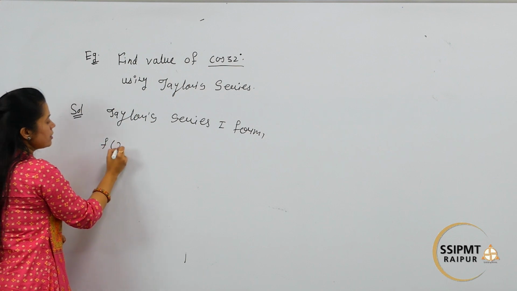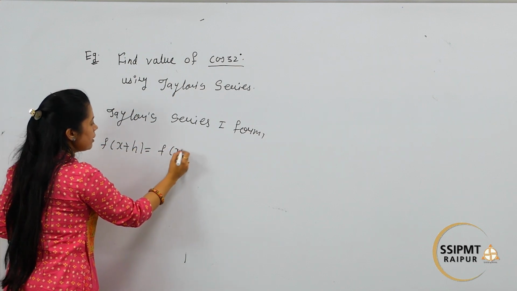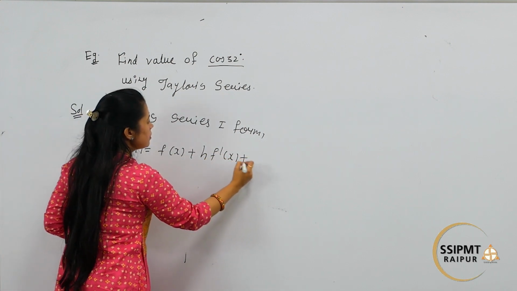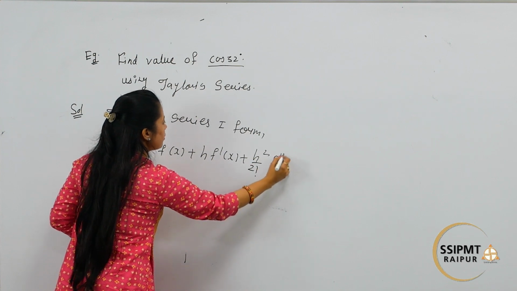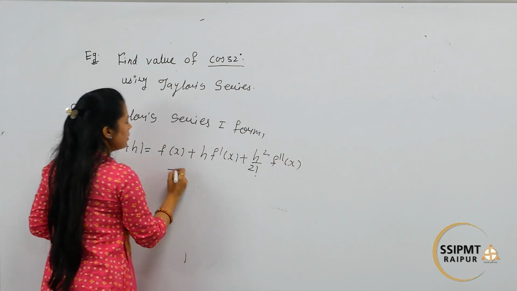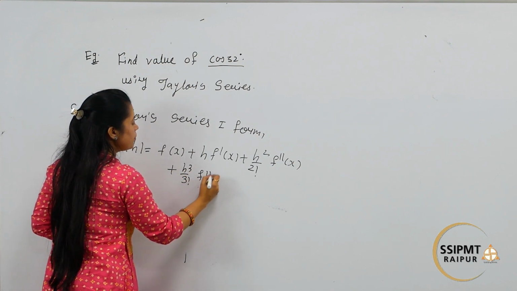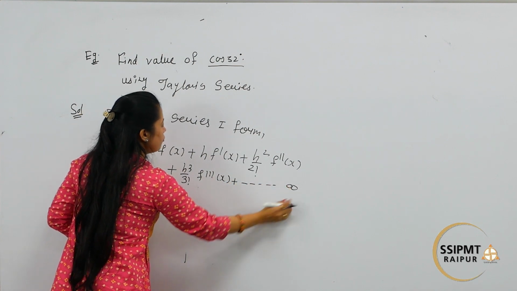f of x plus h is equal to f x plus h f dash of x plus h square by factorial 2 f double dash x and h cube by factorial 3 f triple dash x, and the series will go on up to infinity.